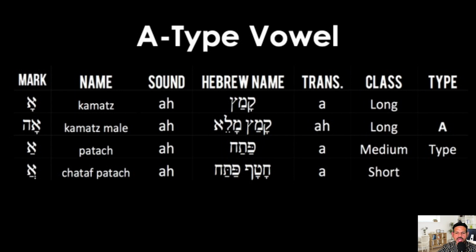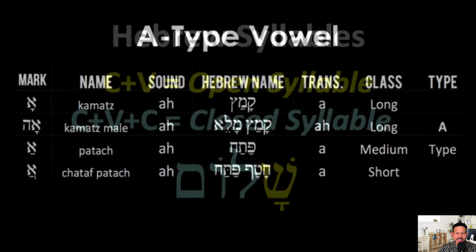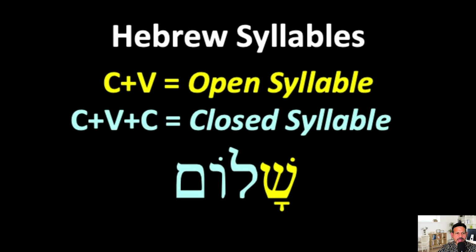We have a patach, which is just one line for medium, and then we have chataf patach, which is the one line that is shortened by the shva next to it, two dots on the right-hand side of the vowel marking underneath the letter. So if we look at shalom, we see kamatz, and that is going to give us an ah sound.